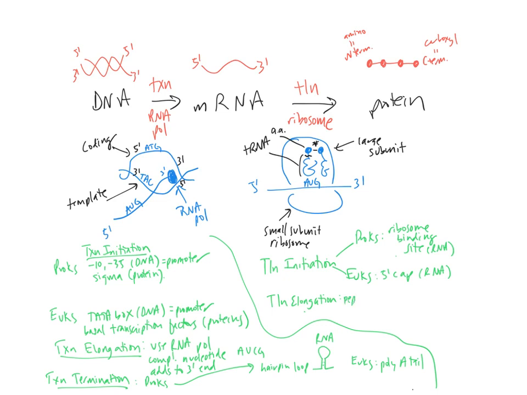So peptide bond formation between adjacent amino acids. And the N-terminus is always going to be on this side. That's the first amino acid that's added. That's always called the N-terminus.